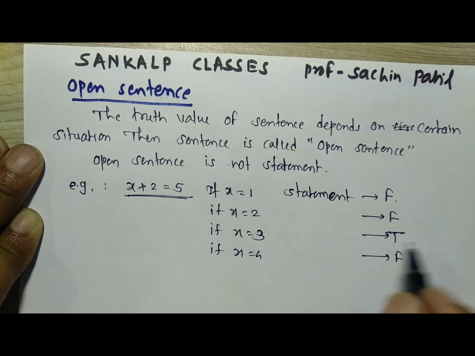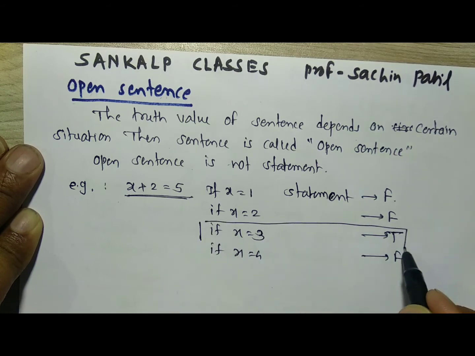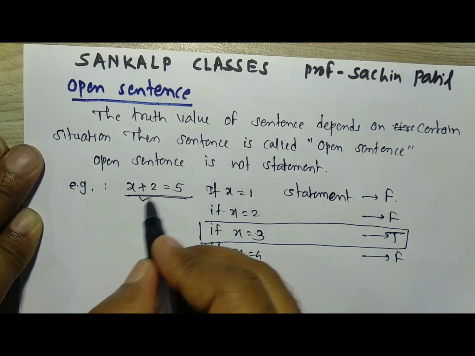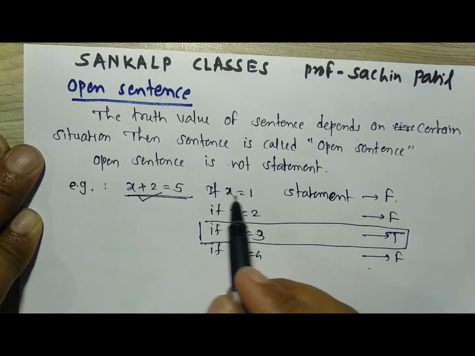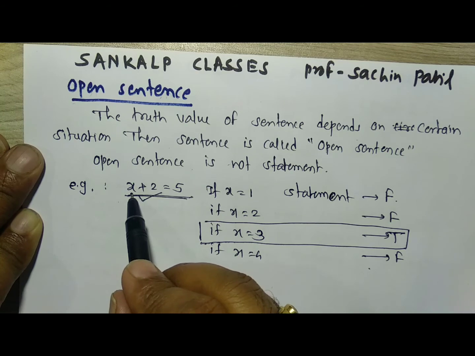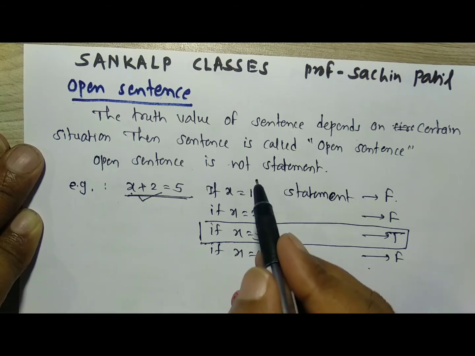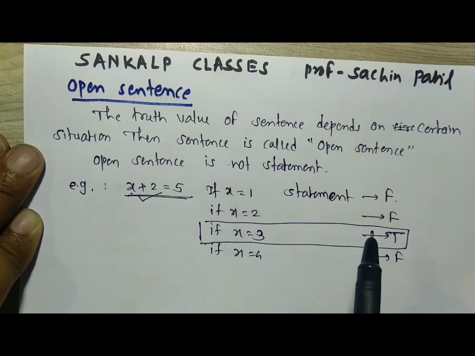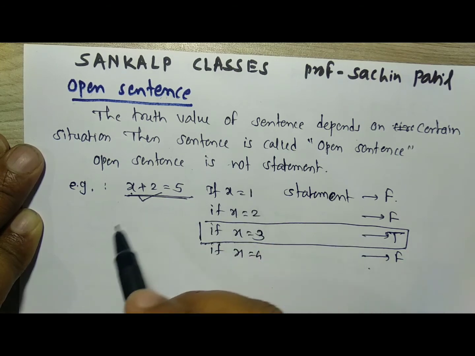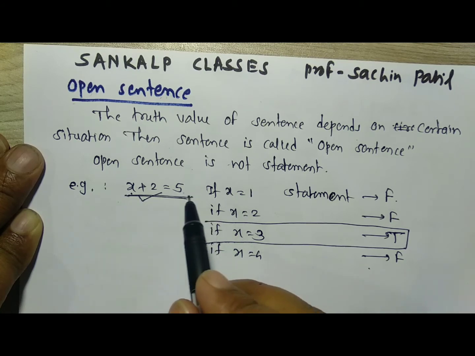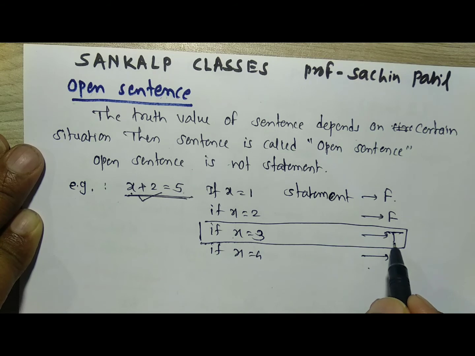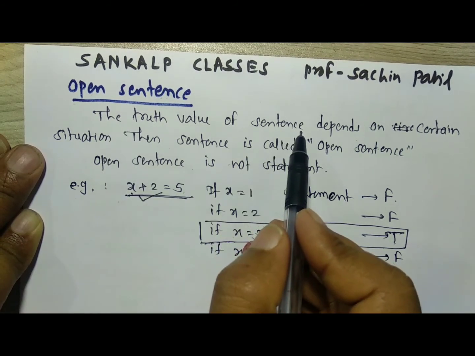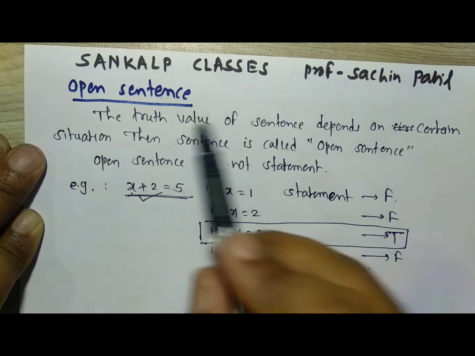That means it depends on the situation. If x is equal to 3, then this sentence is true. Otherwise, for all other values such as x equal to 1, 2, and so on, except 3, this sentence has the truth value false, and at x equal to 3 it has the truth value true. Therefore the truth value of the sentence depends on the certain situation.